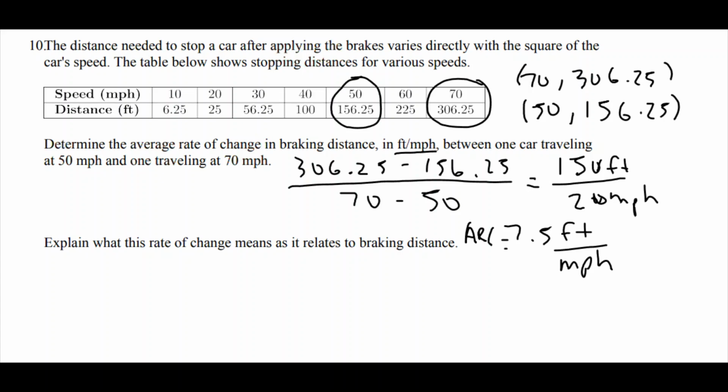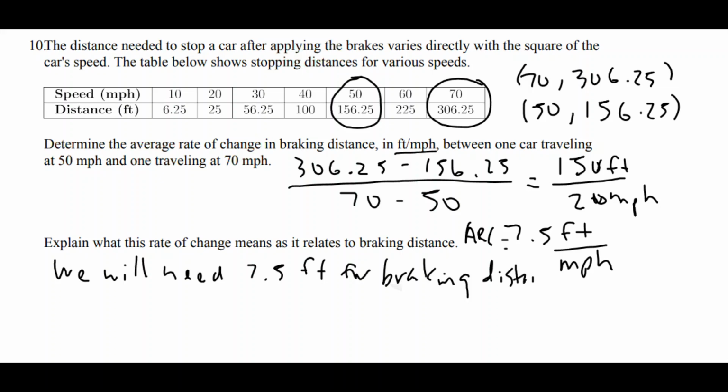It means that we will need 7.5 feet for braking distance for every mile per hour we travel faster.